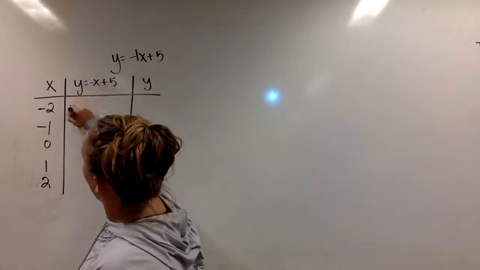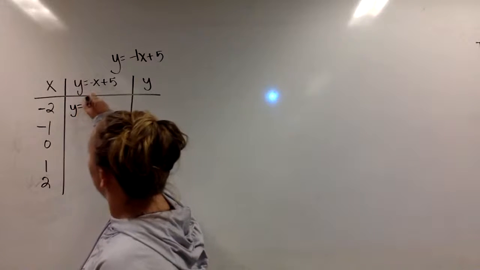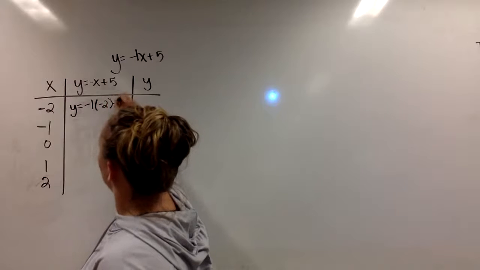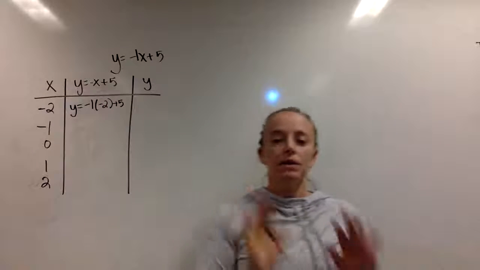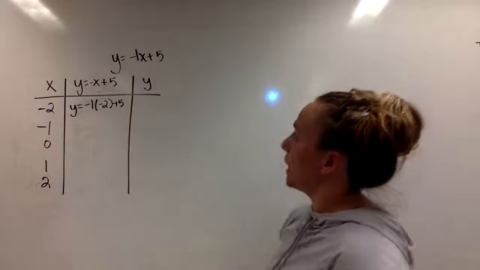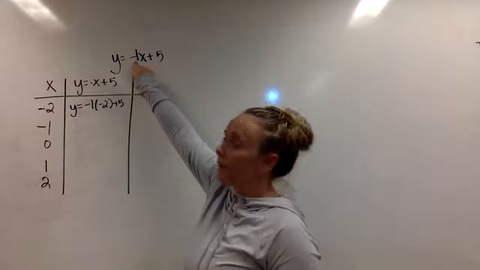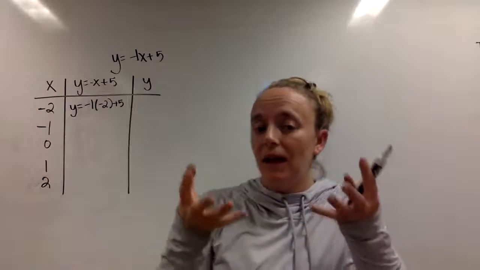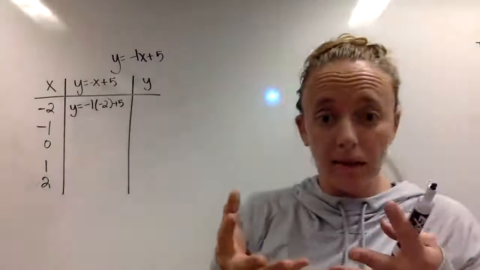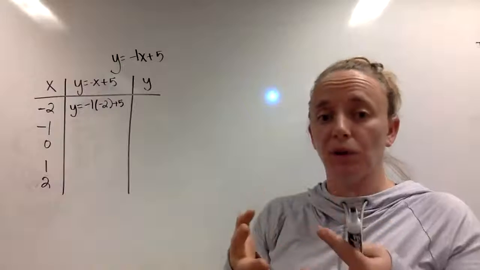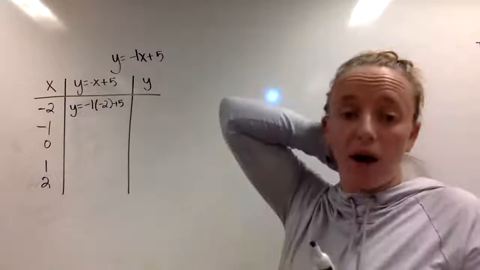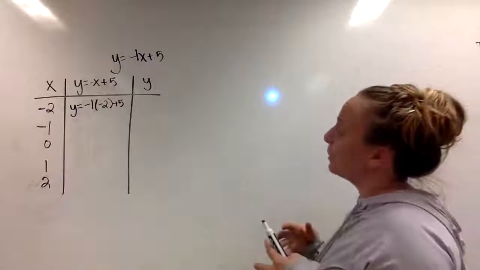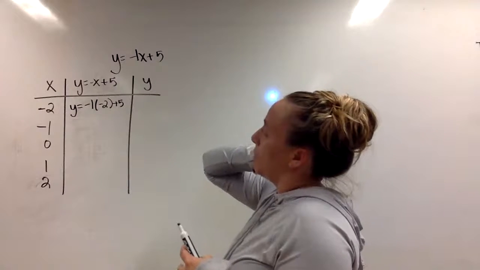I have y is equal to negative 1 times negative 2 plus 5. So even though my equation has a negative in it, my x value is negative, and those will have to rectify themselves. We have 2 negatives multiplying each other. That's something that often kicks people's anxiety up a little bit when we're looking at these equations.